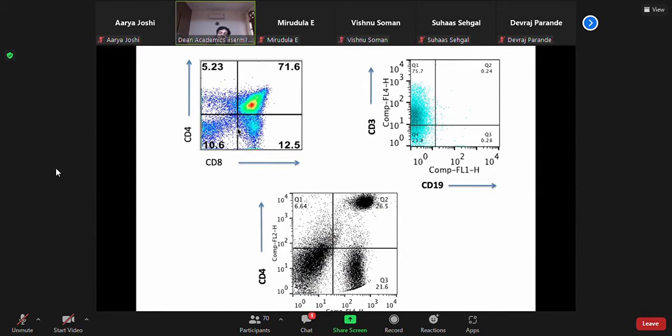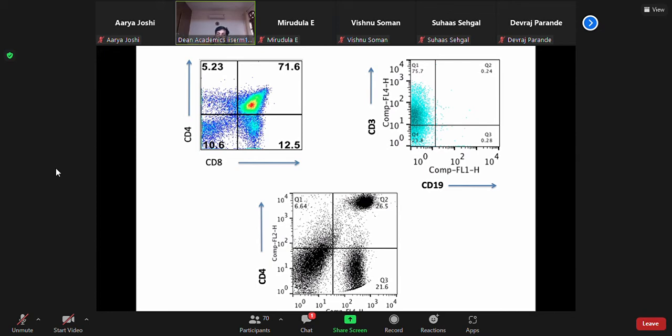That depends on whether you have a very brightly staining antibody or not, which is indirectly reflected by the fluorochrome you are using. Some fluorochromes are very bright and some are not that bright, they're dim. So how do you decide? That is based on staining controls. For example, you have one sample where you do not add any of the antibodies, and you should not have any positive cells.